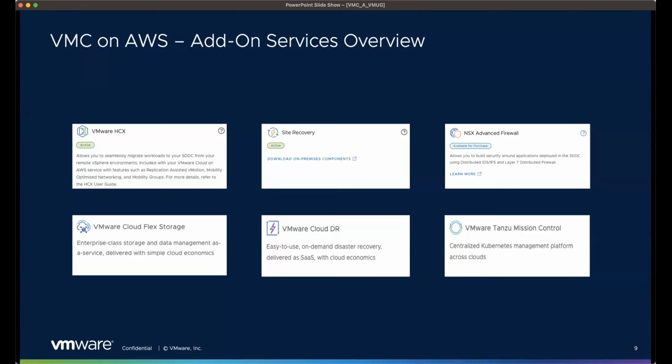VMware Cloud DR is already a bit older, but comparably new to the others, right? VMC on AWS is like 6 years in the market now, I believe, or almost 6 years. VCDR is like 18 months or so. Almost 2 years, I believe.